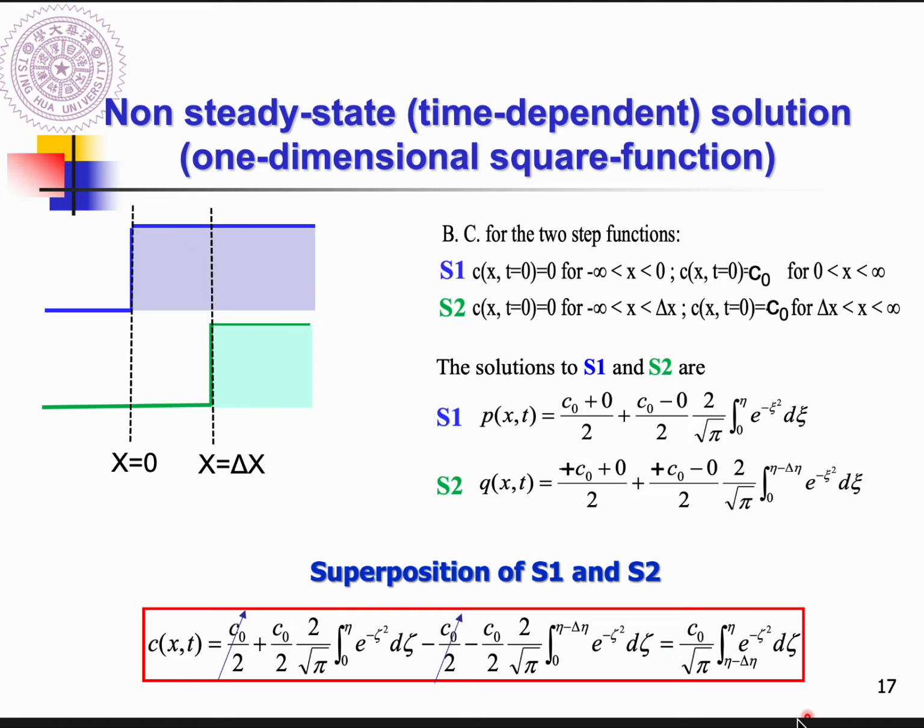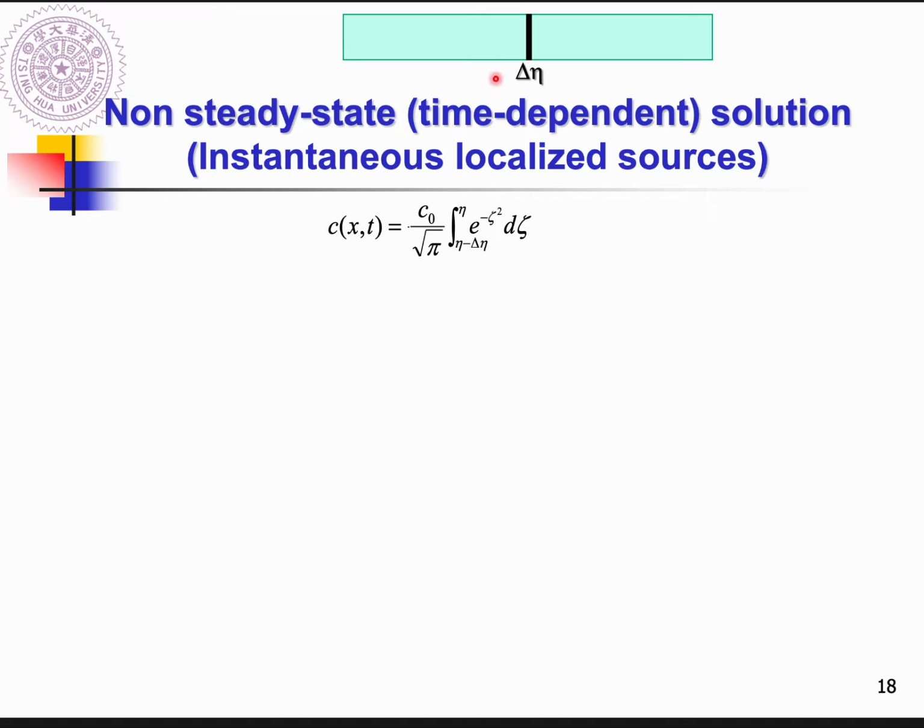Okay, so next I'm going to focus on these solutions. I copy the solutions to the next slide, and we are going to explain more about them. What you have here is C0, the concentration of these diffusing atoms, right? And you have the integral distribution from eta minus delta eta to eta.